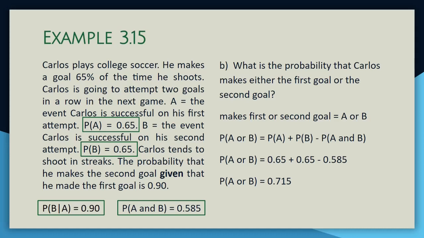That's nonsense. So when you're doing that addition rule, there is kind of a check. Oftentimes when you add just the first two and you forget to subtract that overlap, you'll end up with a probability that's not possible. And that's that indicator to you. You need to go back and check, did you subtract the overlap or not?